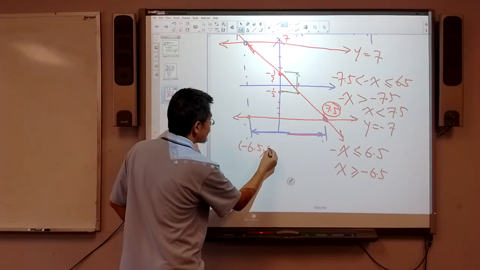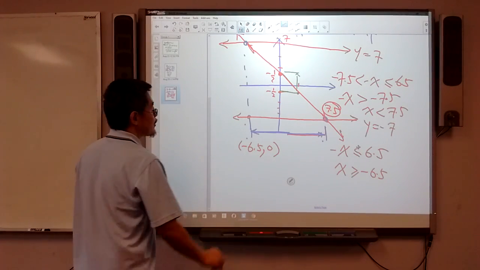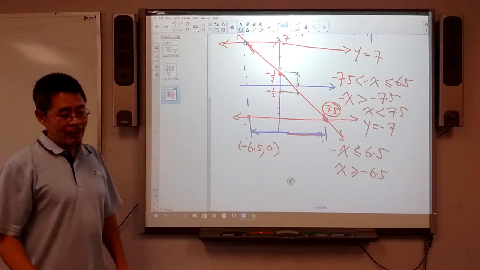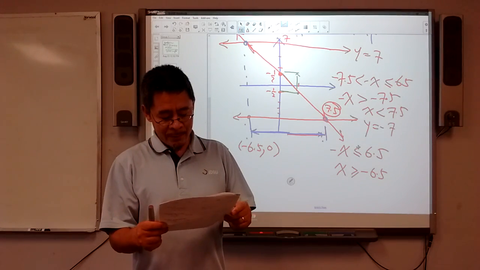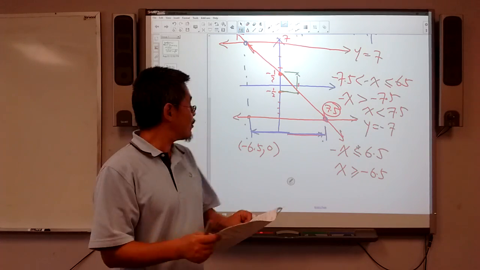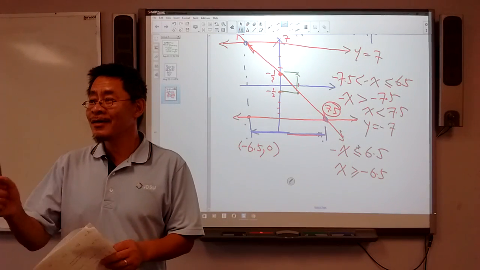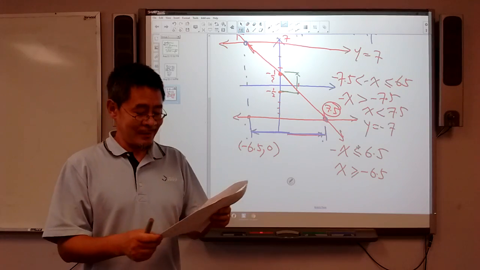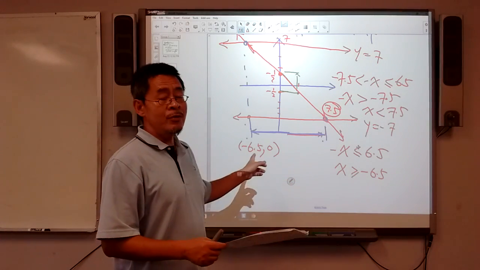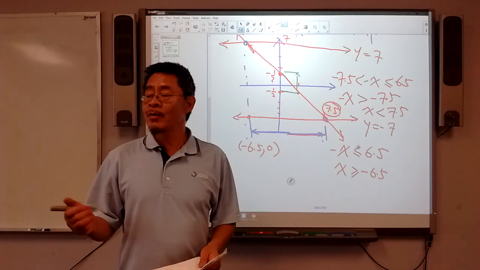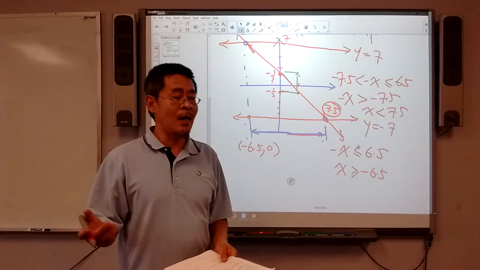If you want to write out the whole interval, it is this, right? So our answer is, anyone? Now you know for sure. D. Okay, right.